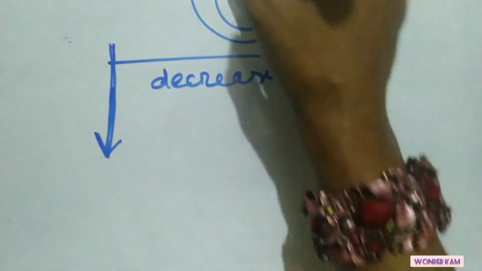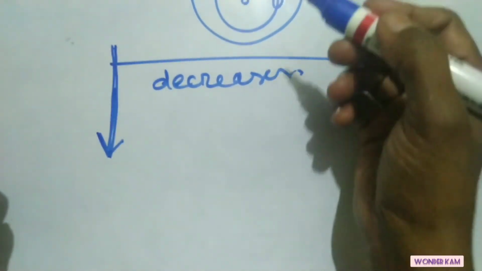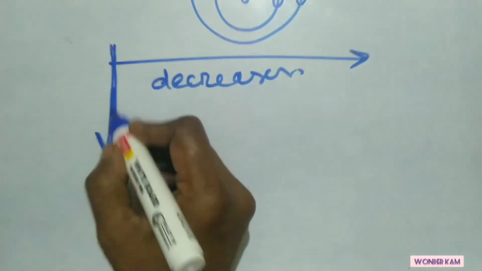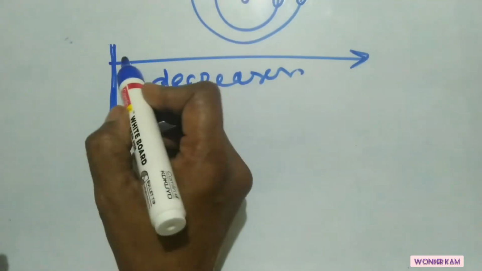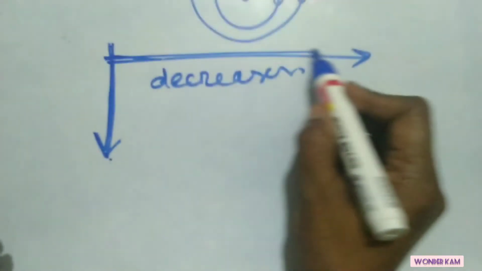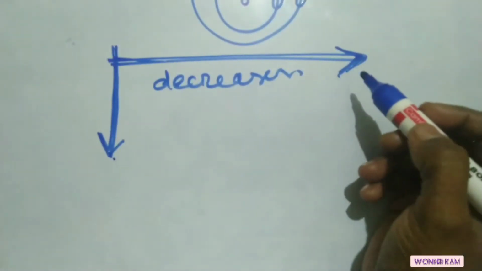It is because the outermost shell is moved away from the nucleus, so it will be easy for the element to lose the outermost electrons to become positive. So metallic character increases along the group and decreases from left to right in the period.